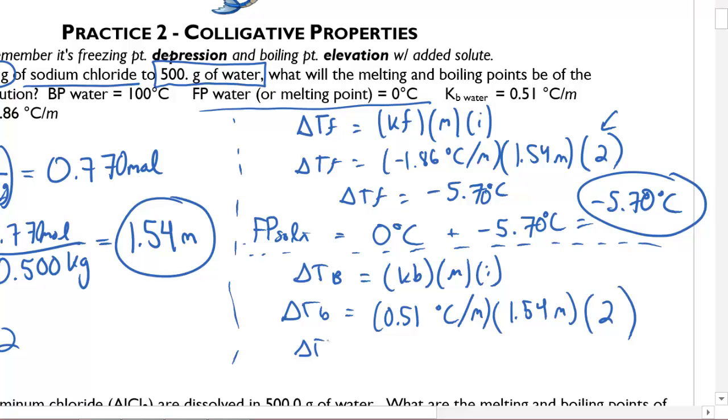And so I can find my delta Tb. It's going to be equal to, when I punch this in my calculator, 1.60 degrees Celsius. And remember that the 0.51 is a chart value, so don't worry about the 2 sig figs on that.